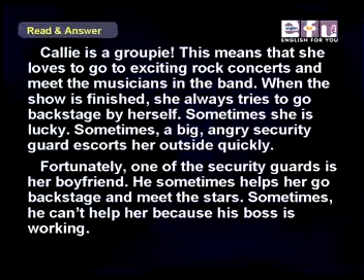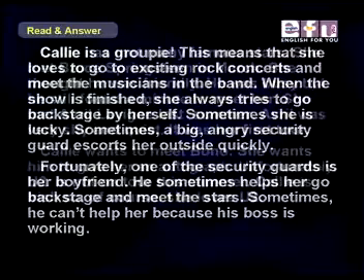Sometimes a big, angry security guard escorts her outside quickly. Fortunately, one of the security guards is her boyfriend. He sometimes helps her go backstage and meet the stars. Sometimes he can't help her because his boss is working.